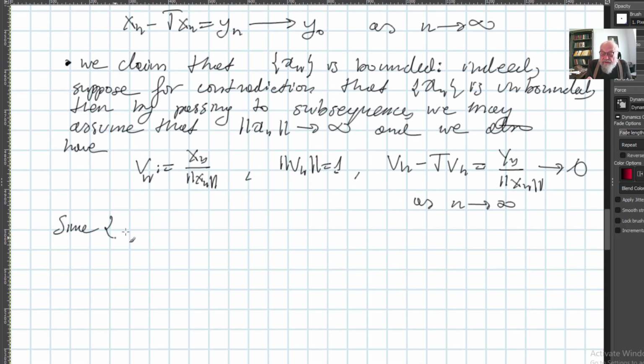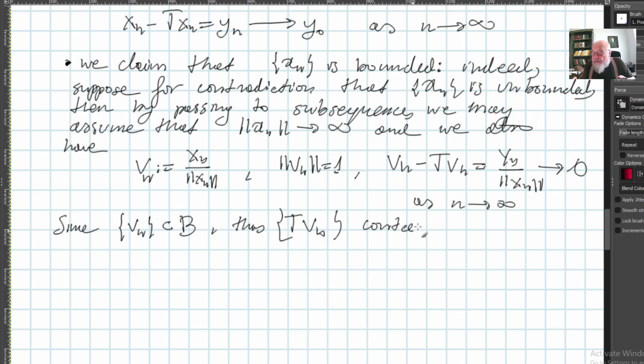Since Vn is contained in the unit ball, so this belongs to B, it is bounded. Thus, by compactness of the operator T, the sequence T of Vn contains a convergent subsequence.